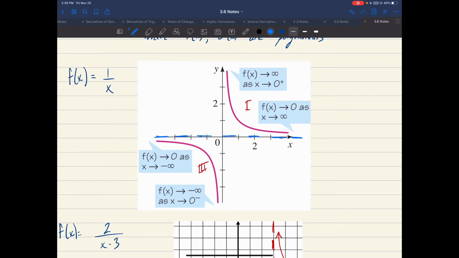And that's because if you look at this line here on the right, as x goes towards infinity, gets really big, this function is going to settle around 0. Same thing on the left. As x goes in the negative direction towards negative infinity, the graph is going to settle around the horizontal asymptote.